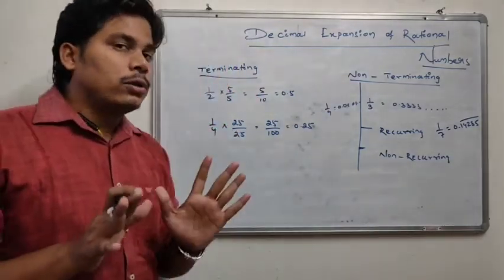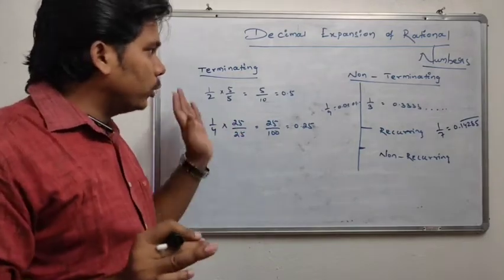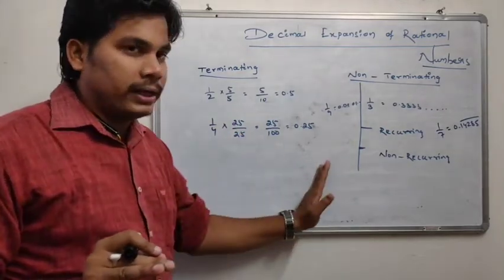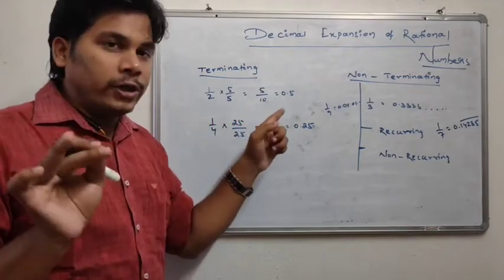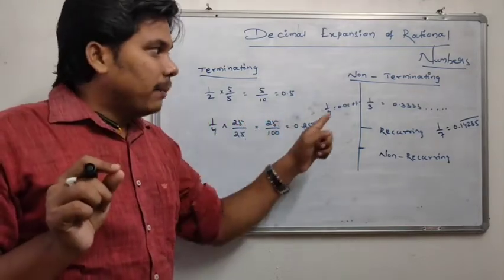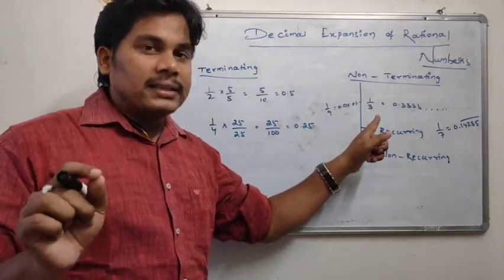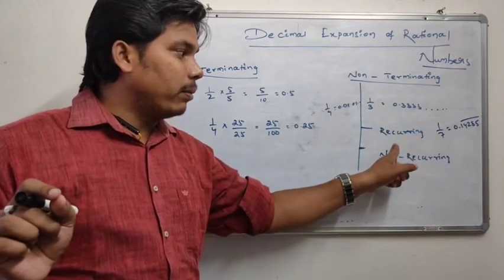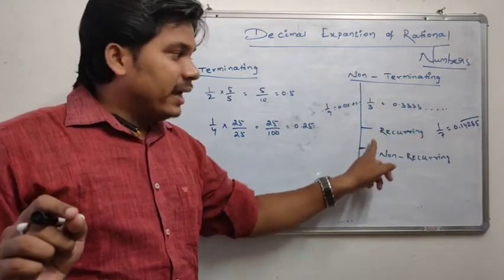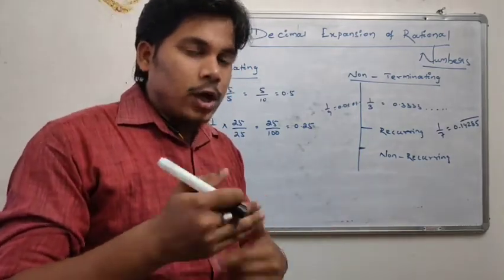What we understood is that the decimal expansion can be broadly classified into two types: terminating and non-terminating. In terminating, at some point of time the number will end. But in non-terminating, at no point of time does it end, and the second thing is whether it continues repeatedly or non-repeatedly.